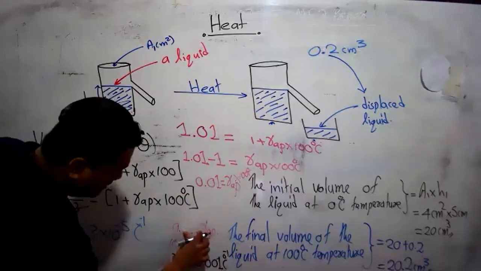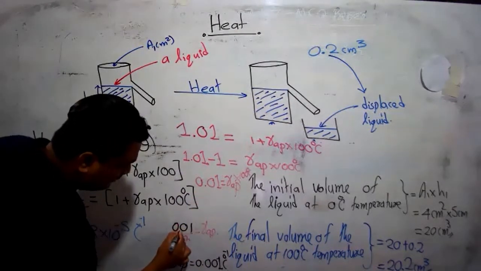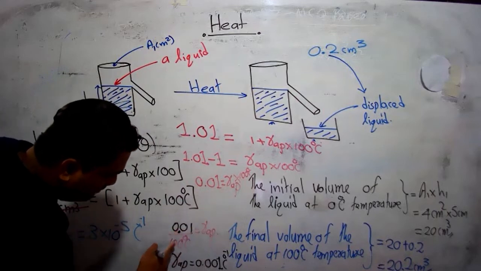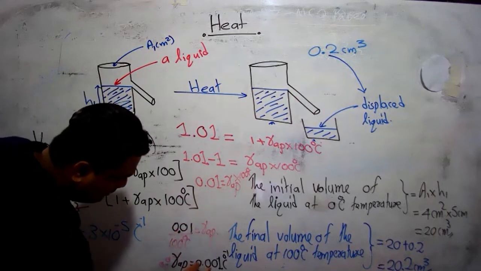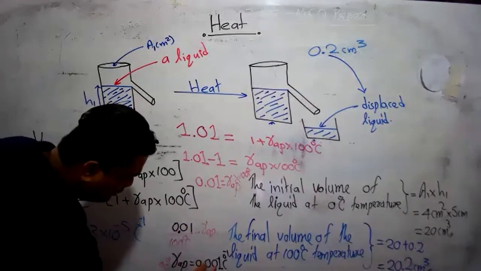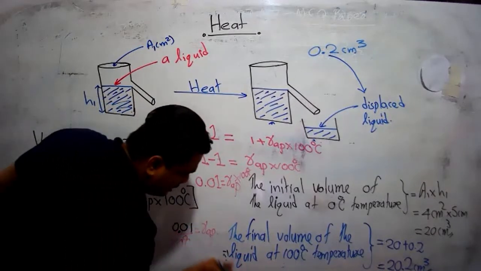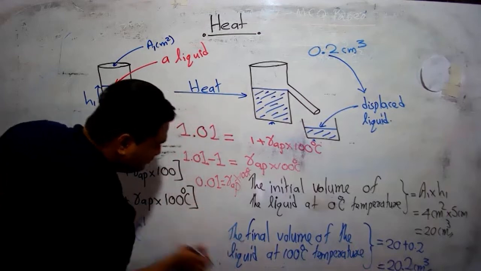That another 0 should be there. You see this? 0.01 divided by 100. So then if you divide, 0 divided by 100 is 0, 0 divided by 100 is 0, 1 is 1, yes. That's a small mistake. Please check again there.